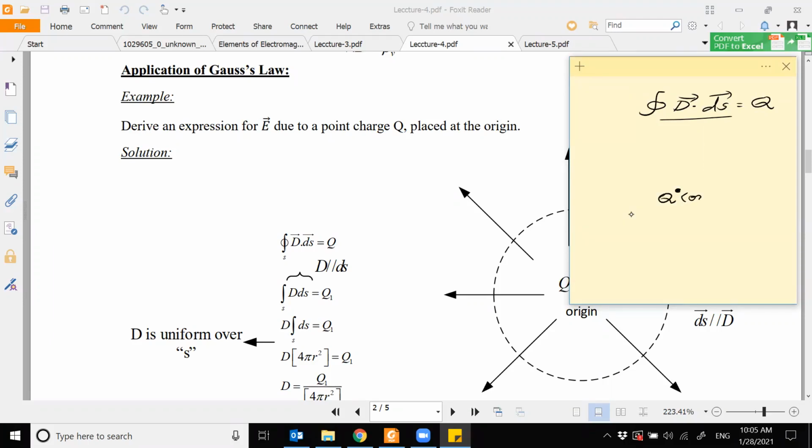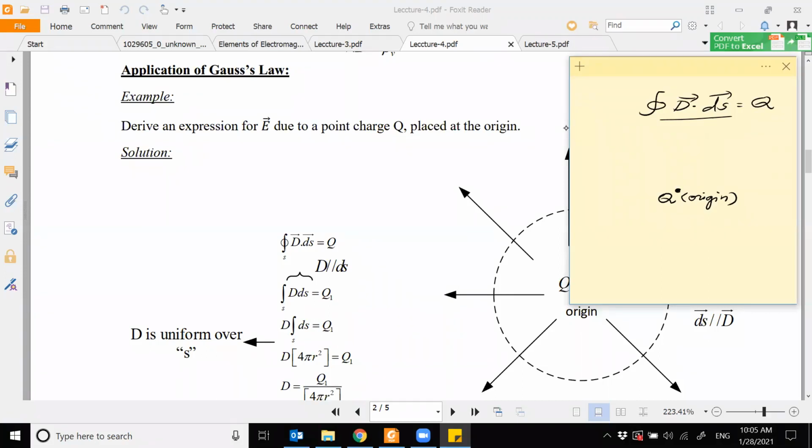It is placed at the origin, and now we need to find the electric field of this point charge. Whenever you need to apply Gauss's law, you first have to enclose your source, whether it is a point charge, a line charge, or a sheet of charge, in a closed surface.